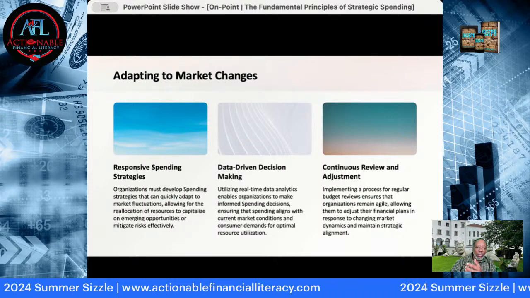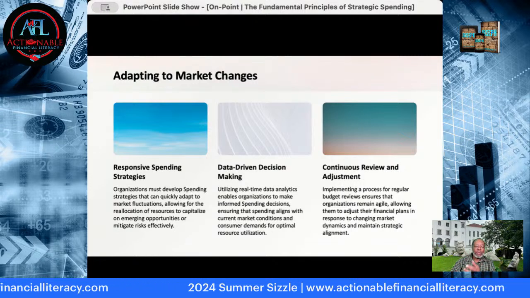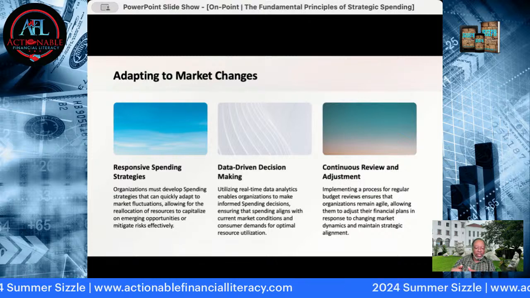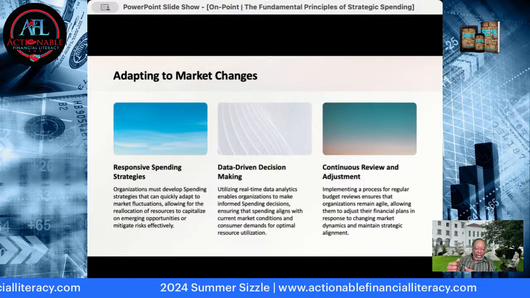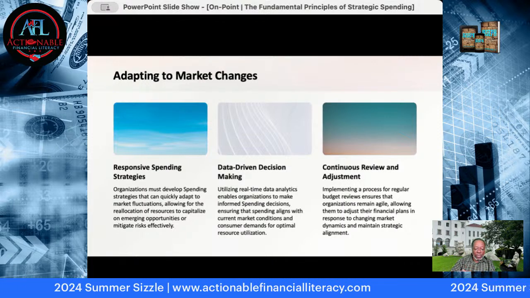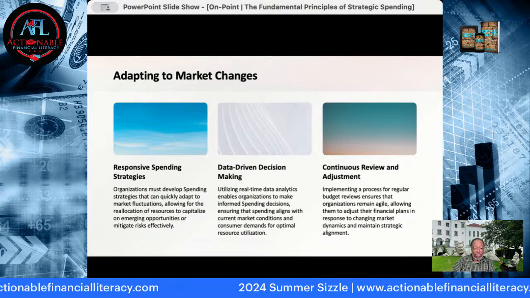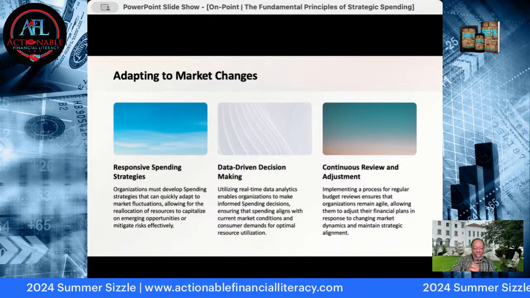And while these things are happening, you want to make sure you continue to review and adjust your spending. When you review and adjust your spending, you ensure your organization remains agile. You allow for adjustments of your financial plans. You're dynamic about those changes, and you maintain a strategic edge.